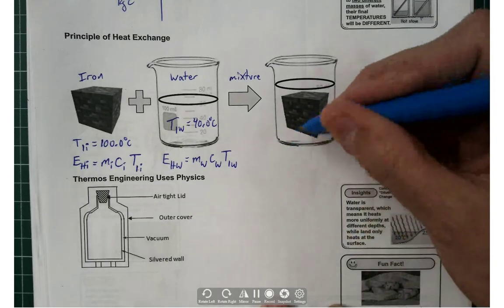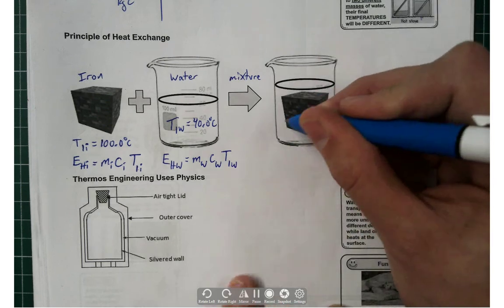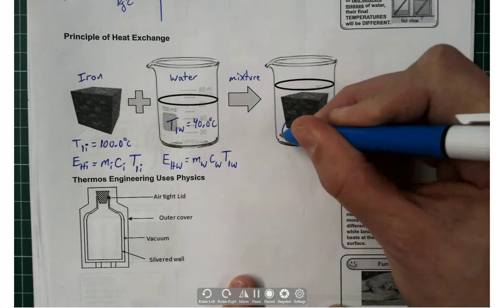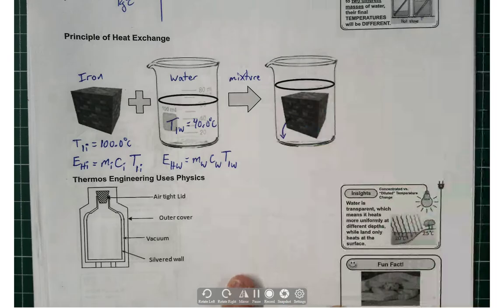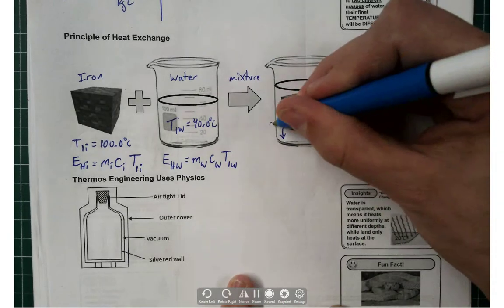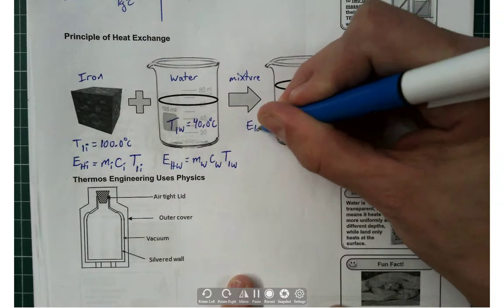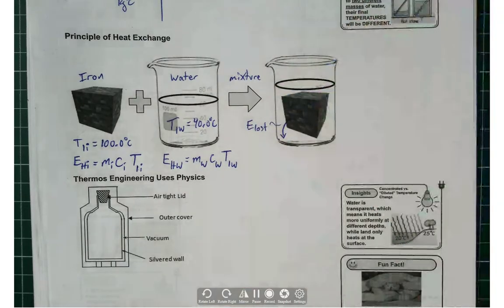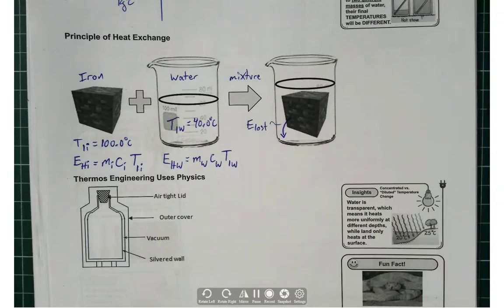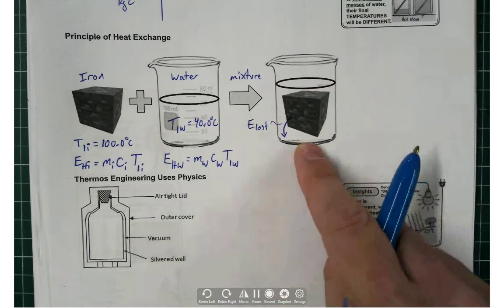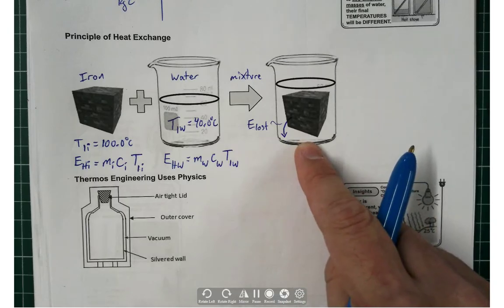Now, what I would say is for sure, doesn't this iron lose energy to the water? So I'd say E lost. It doesn't destroy the energy, but the energy is lost to the water. We know that. My own sister one time took a pot off the stove and she didn't want to put it down on the countertop, so she put it into a sink full of water.